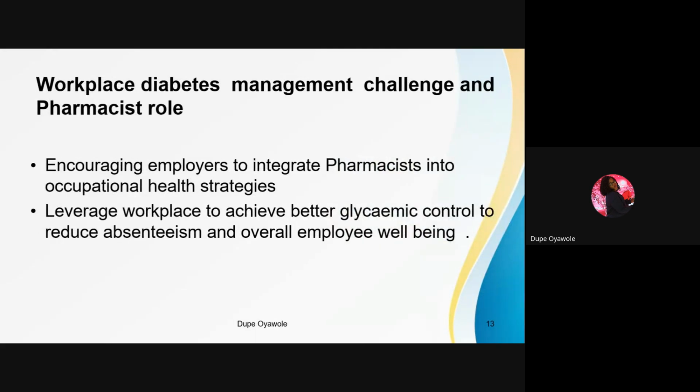Okay, so like I said, I've mentioned this before, that we encourage employers to integrate pharmacists into operational strategies and to leverage the workplace to achieve better glycemic control, reduce hypertension and improve overall well-being, like making sure that they do their tests, checking in the morning before leaving and again when they come back, which will go a long way.